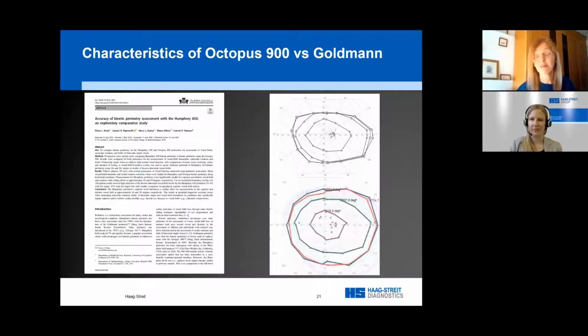That basically means it cannot have a full vertical range in the superior and inferior visual fields because of that hardware. So presentation of targets is limited to 40 to 50 degrees superiorly and inferiorly. So you can see here that it's almost like an oval. It's cut, whereas on the Octopus you get that nice full visual field, and that's just because of the full bowl that you have in the Octopus 900.